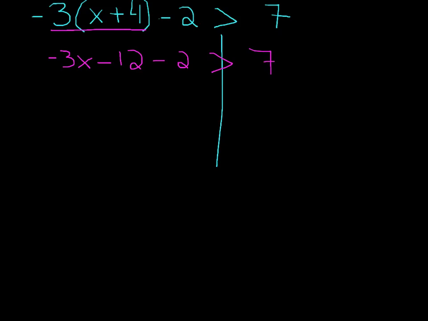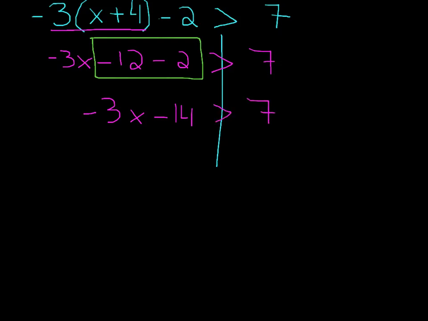After you distribute, look to see if you have any like terms you can combine. And here I have negative 12 minus 2. So I now have negative 3x minus 14 is greater than 7.